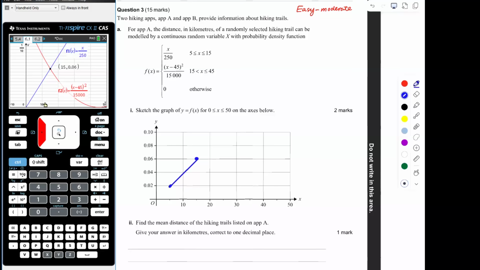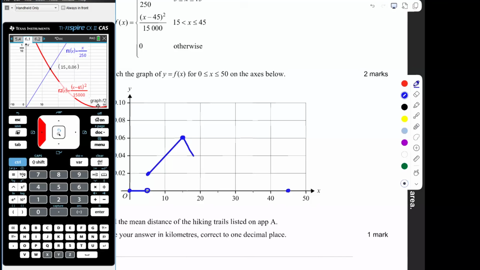The question says you have to draw over a domain restriction like 0 to 50. So the otherwise bit from here to here, I'll put a hollow circle here. The graph seems to have a turning point at 45. So it's here.